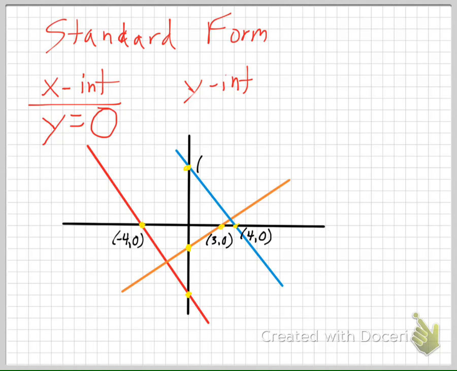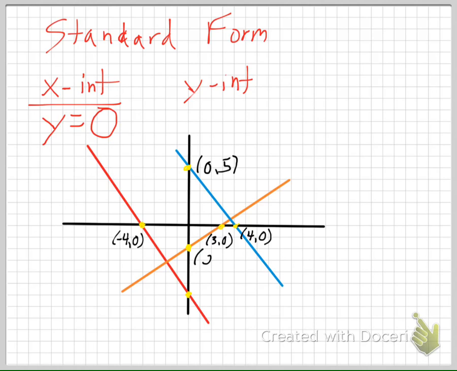All right, Jake, if you'll go back to telling me what's the name of this one right here. All right, 0, 5. All right. Who can tell me this one right here? 0, -2.